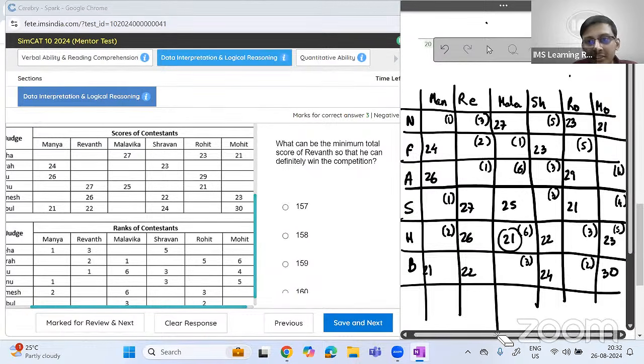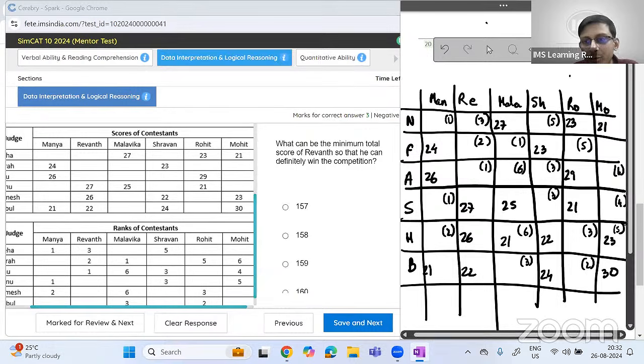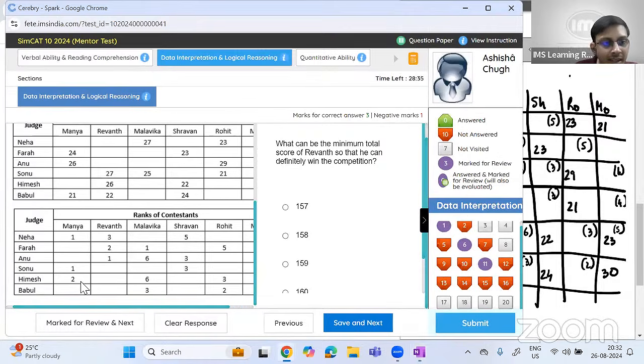I have found this 21. Now 21 is 6, 23 is 5. Then what will 22 be? Okay, 22 will of course be lower than 23. One second, there is some mistake here.